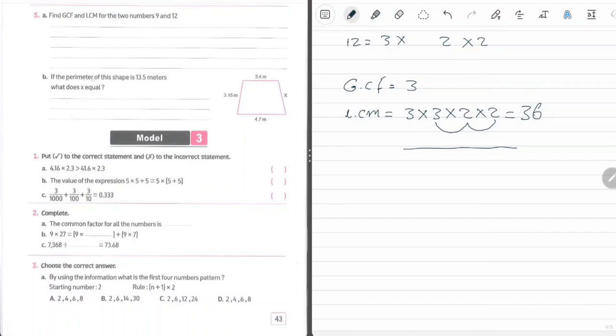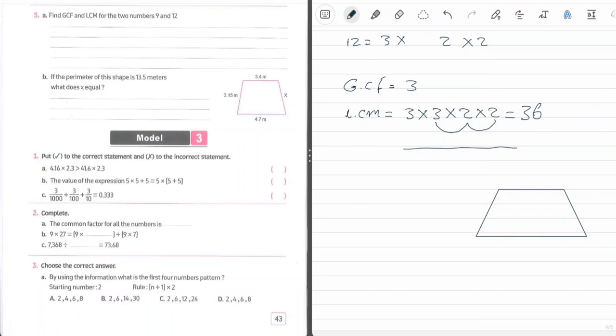If the perimeter of this shape is 13.5 meters, what does x equal? What do we mean by perimeter? Perimeter of any shape is the distance around this shape. Also, you can say it's the sum of all of its outer sides. If you want to find out the perimeter of any polygon, you have to add the lengths of all the outer sides.